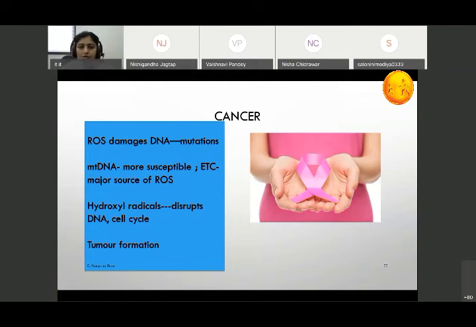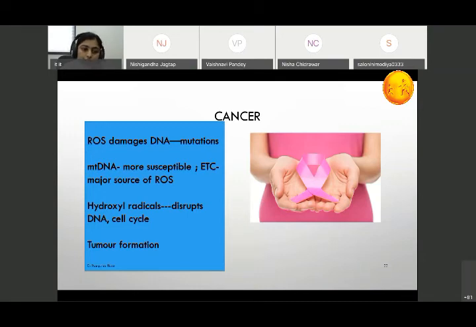Since the generation of reactive oxygen species, the electron transport chain, is located in the mitochondrial membrane, mitochondrial DNA is more susceptible to the attack of ROS as compared to the nuclear DNA.